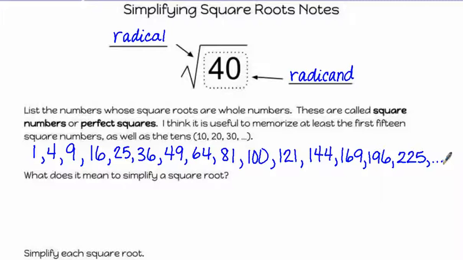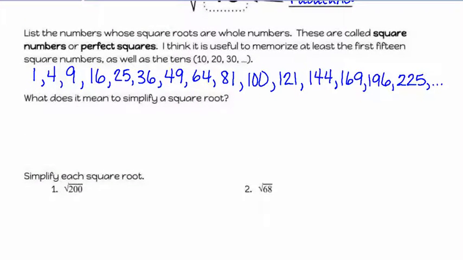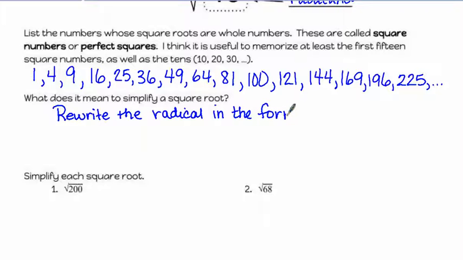So what does it mean to simplify a square root? It means to rewrite that square root, rewrite the radical, in the form a root b.